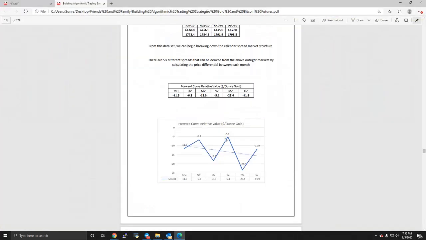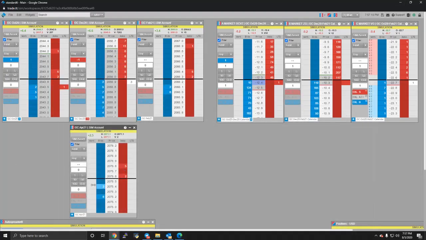And now what we're going to construct is a calendar spread forward curve incorporating the April contract. Here you see we incorporated the December contract as the next most actively traded market to complete the standard 6. In this case, it's the April market, since we're a little bit farther down the calendar year at the time of this recording.